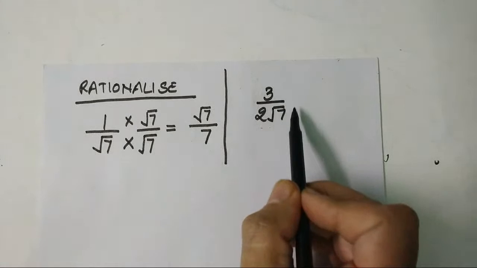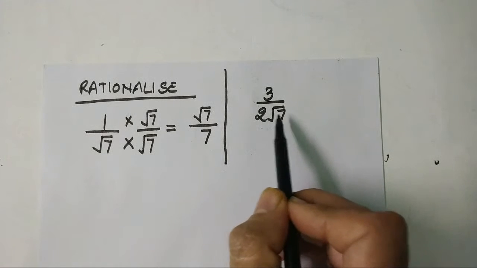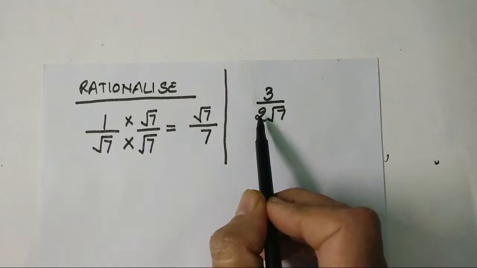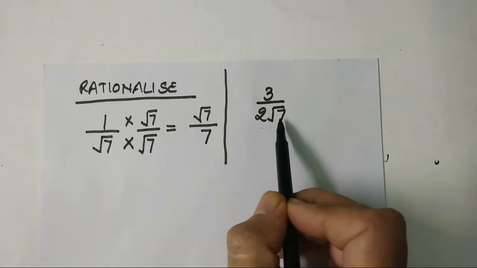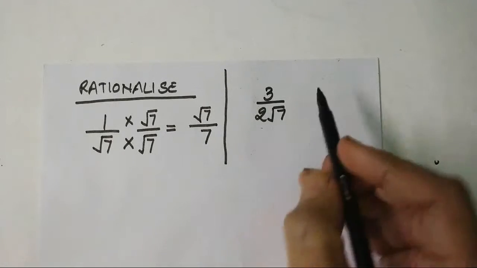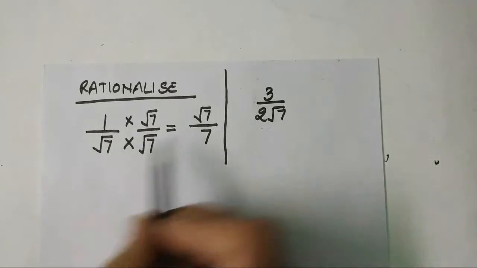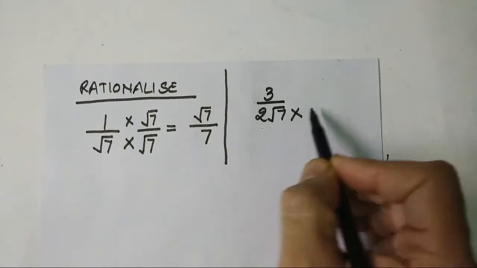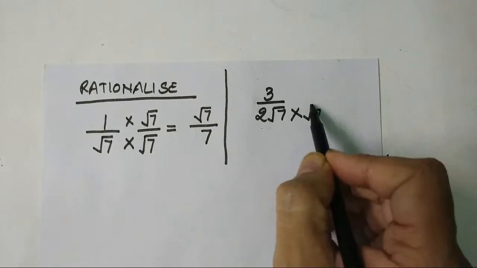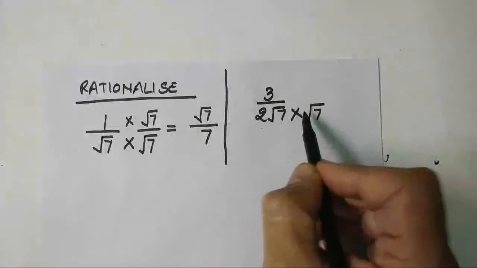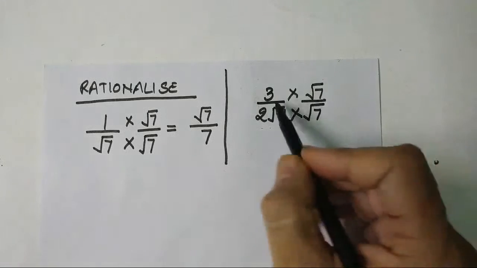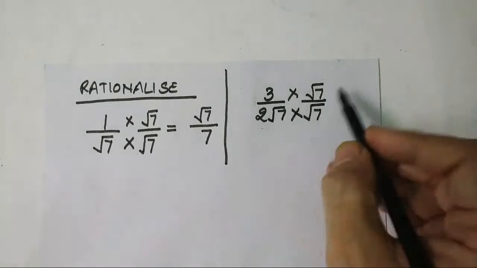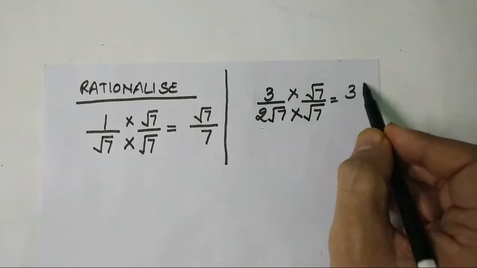In this question we are seeing that there is a root 7 sign. 2 is not having a root, it is not a radical, so we have to rationalize or remove this root 7. So following this rule, I will multiply it by only root 7. No need to multiply 2 again, and multiply root 7 by the numerator.